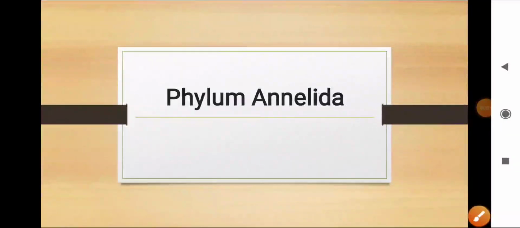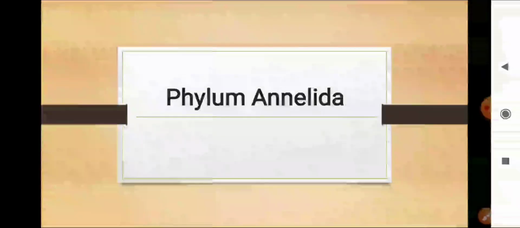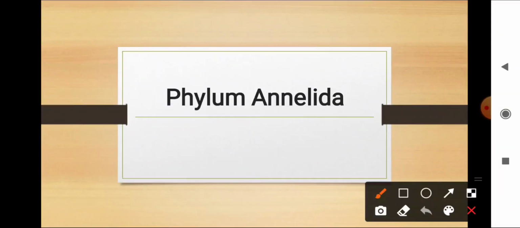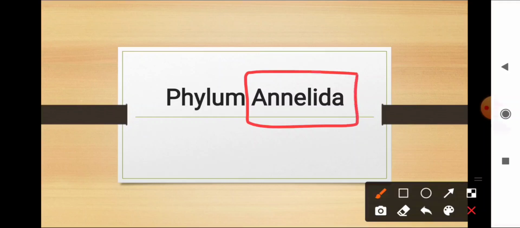Students of class 11th, today in this lecture we shall discuss the phylum Annelida. Before this lecture we have already discussed various phyla, starting from the phylum Porifera.